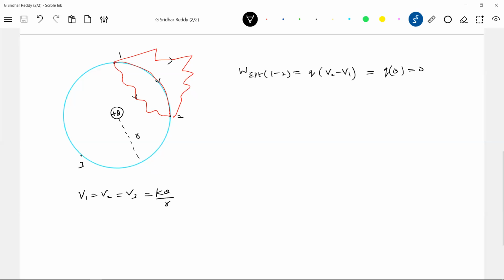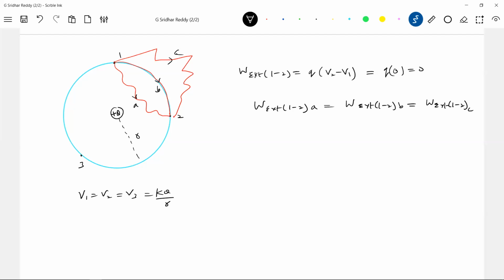This is what happened. We are going to give a proof for all these things. So here there's a path A, B, and C. Work done by the external agent in moving a charged particle along path A, along path B, along path C is equal to 0.